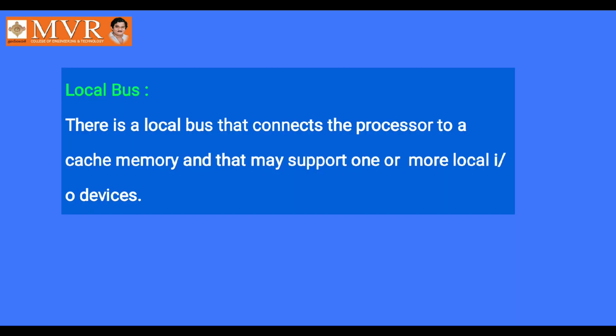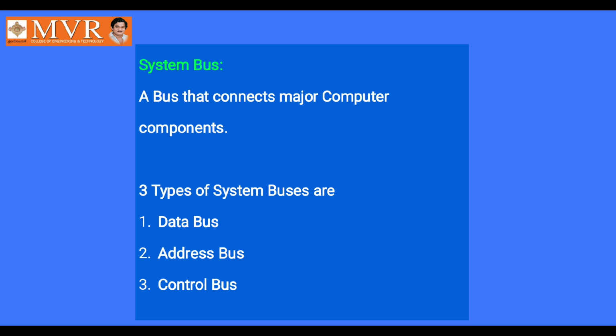Okay, so what are the types of buses in the system bus? There are basically three types of buses in the system bus. One is data bus, second one is address bus, third one is control bus. Apart from this data, address and control bus, in addition, there may be power distribution lines that supply power to the attached modules.